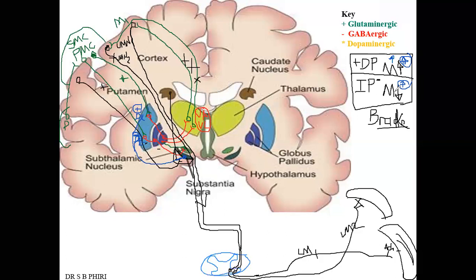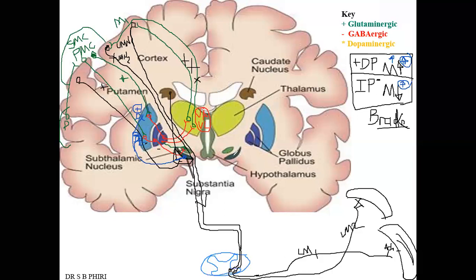So in other words, they are facilitating the direct pathway, which is stimulatory to movement, then they are inhibiting the inhibitor of movement. That will bring about an increase in movement. So it's inhibiting the inhibitor. That will bring about disinhibition, increasing movements. So both D1, D2 receptors will increase movement.